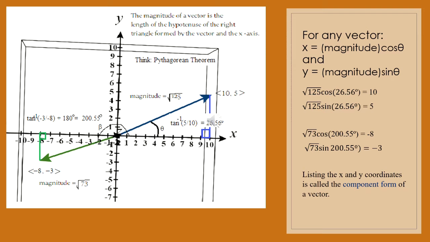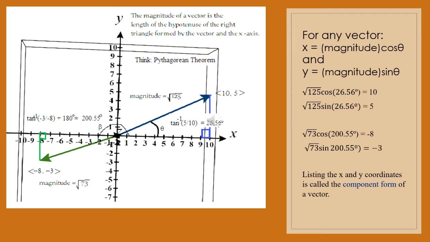The other vector is down in quadrant 3. So its opposite side has length 3 and its adjacent side has length 8. So if I take inverse tangent of 3 divided by 8, I'm not going to get the correct angle measured from the positive x-axis counterclockwise. I need to realize, hey, that's the angle to the nearest axis, the angle between the negative x-axis and my vector.